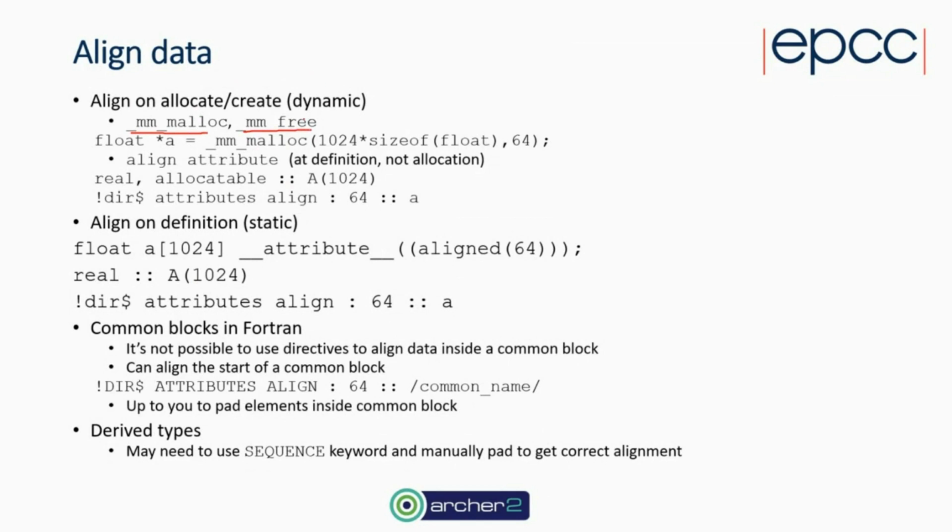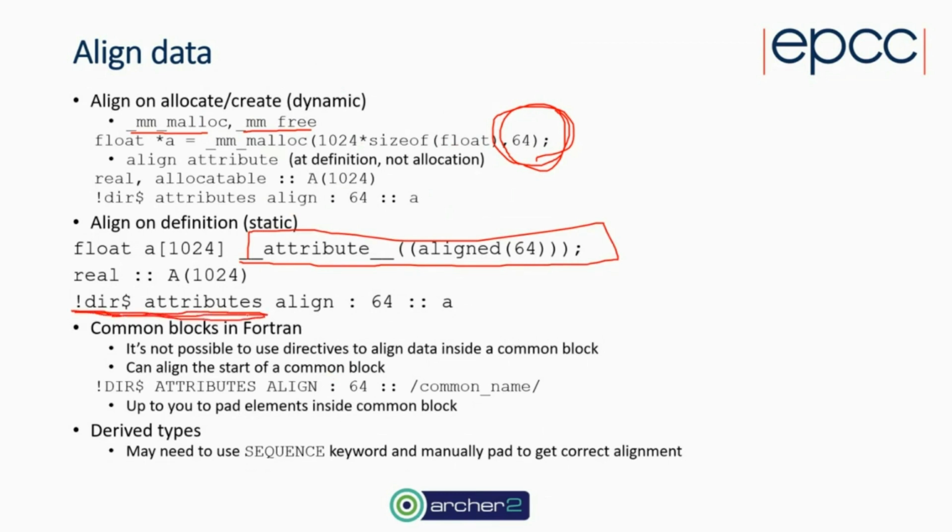We're talking about dynamic data here, so these are the _mm_malloc and _mm_free functions, which let you do malloc and free, and you pass in this new parameter to your mallocs to say align it on 64-bit boundaries or 32-bit boundaries, and that will work in C. You can also do the same thing for static data, so you can use this attribute aligned, and that will automatically do it for you. In Fortran, you can use this !DIR$ directive. This is a preprocessing directive.